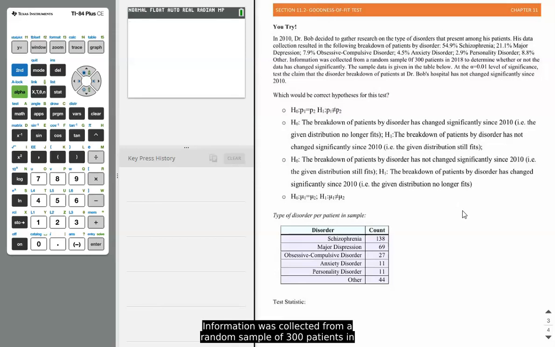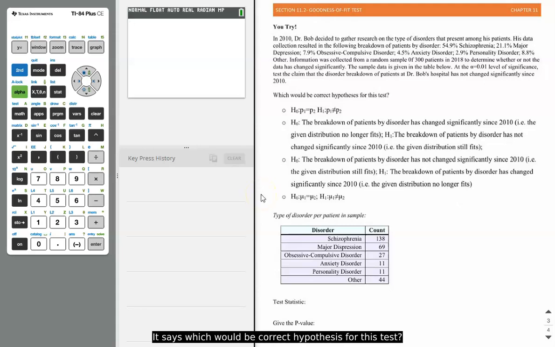Information was collected from a random sample of 300 patients in 2018 to determine whether or not the data has changed significantly. The sample data is given in the table below. At the alpha equals 0.01 level of significance, test the claim that the disorder breakdown of patients at Dr. Bob's hospital has not changed significantly since 2010.